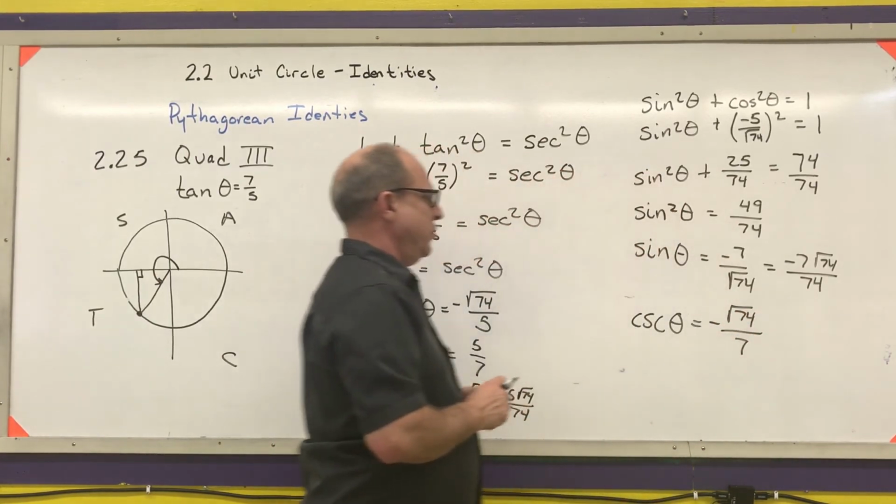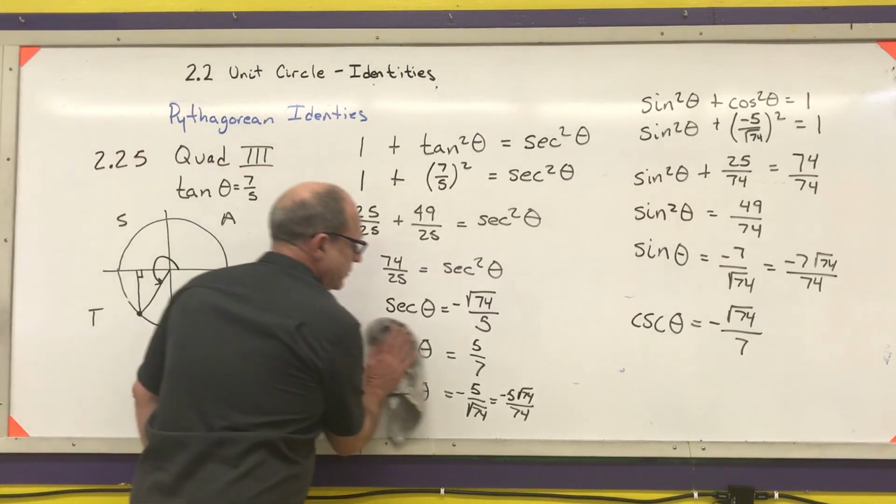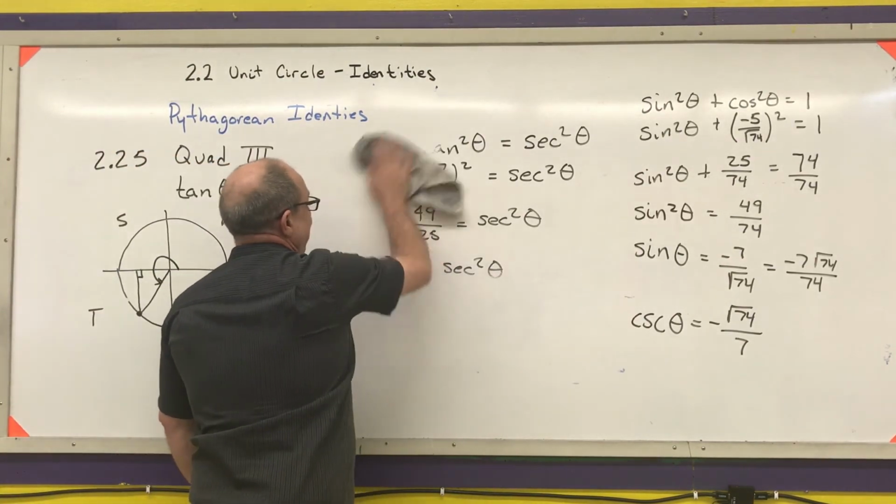And that gives me negative root 74 over 7. So that's how I can solve this using Pythagorean identities. And just remember, Pythagorean identities came from the Pythagorean theorem. X squared plus y squared equaled 1 on this unit circle. So I'm going to do these a second way, and we're going to get the exact same answers just by thinking about it.